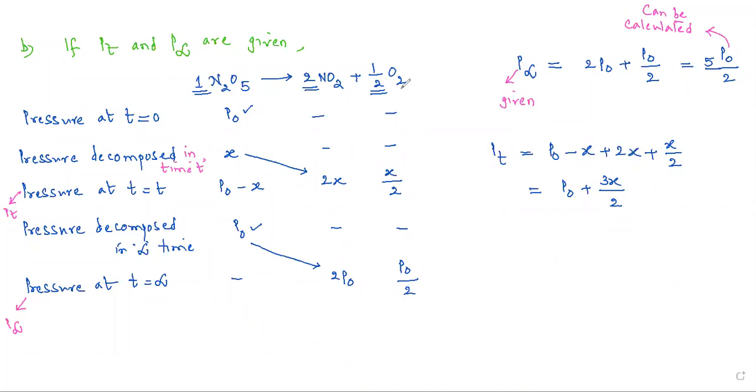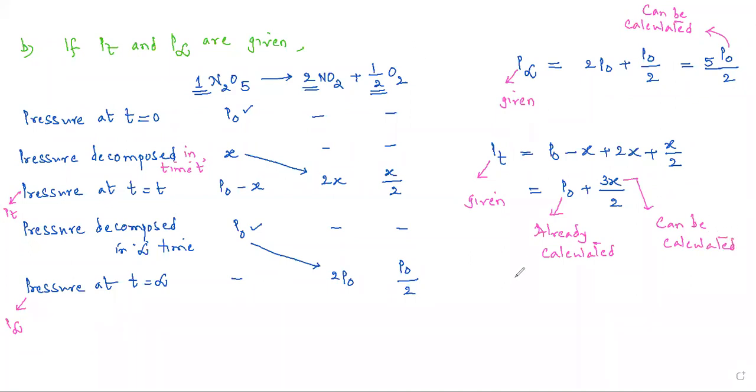Now, even here also, PT is given. We have calculated P naught in the previous step. Now, this X can, of course, be calculated. That's it. You got your X.